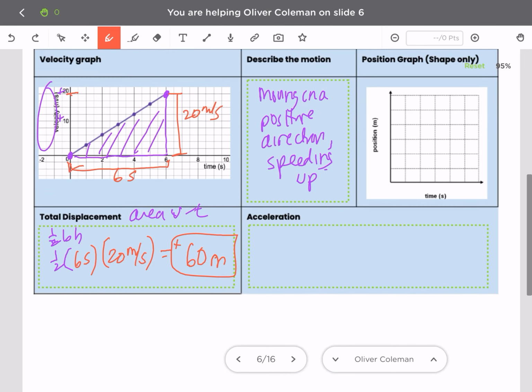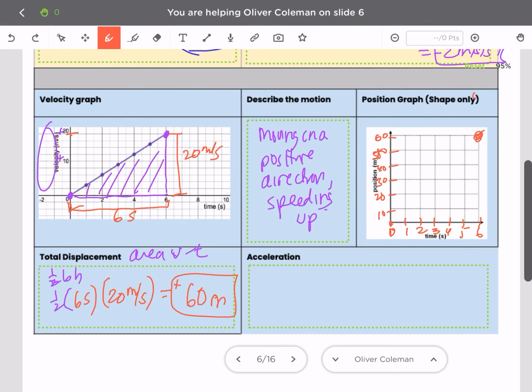Okay, good. So again, on my position graph, I label 0, 1, 2, 3, 4, 5, 6, and 10, 20, 30, 40, 50, 60. That's convenient. So this point here, after 6 seconds, I would be at 60 meters, and I started at a position of 0, which I didn't say. We have to assume that.